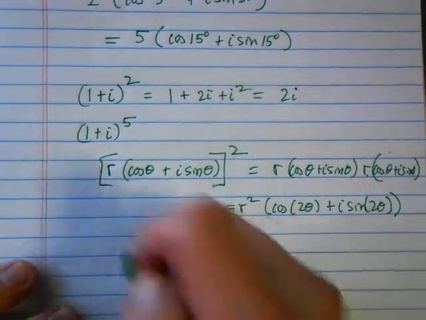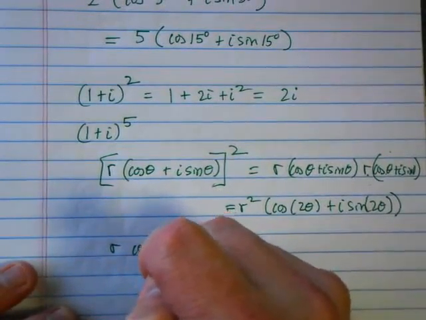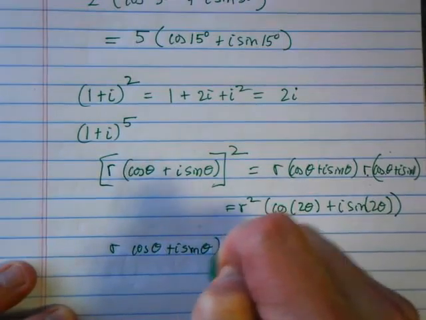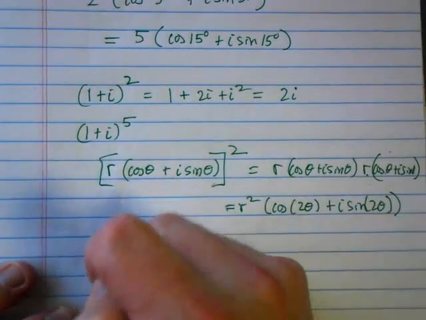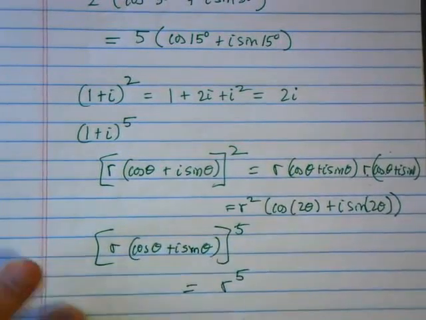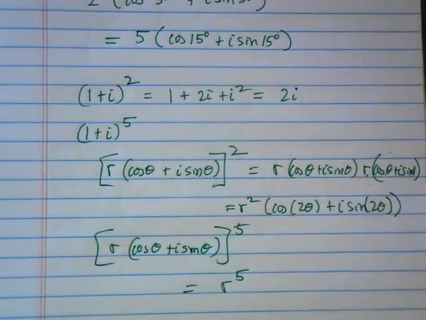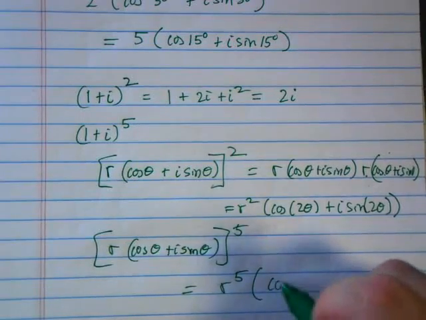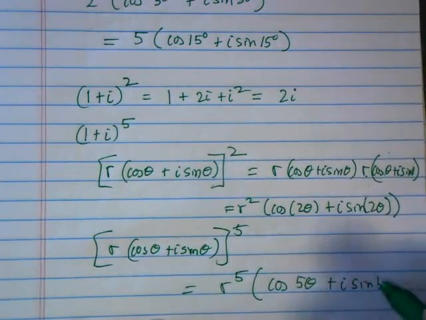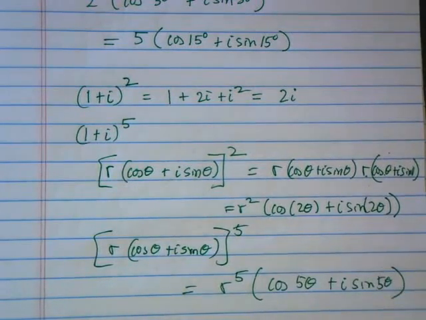So if I want to take r cosine theta plus i sine theta and raise that whole thing to the 5th power, I take the number out front and I raise it to the 5th power. I take the angle and I multiply it by 5. Much, much easier.